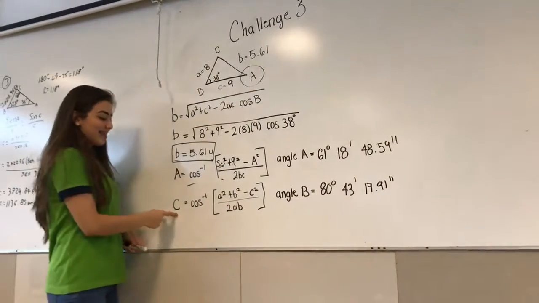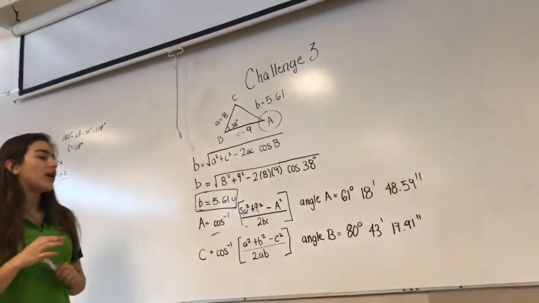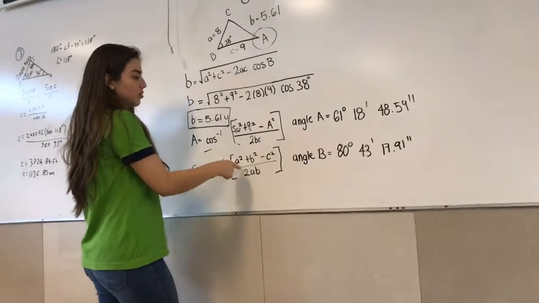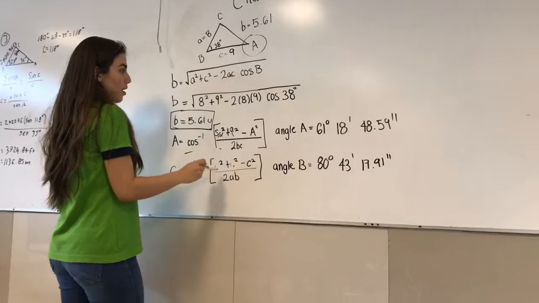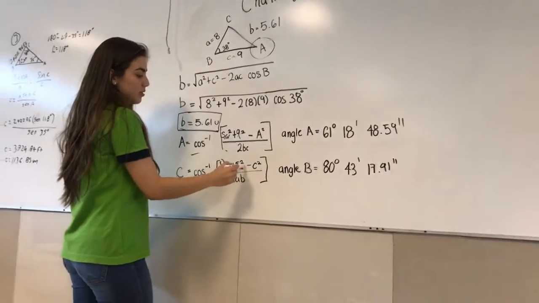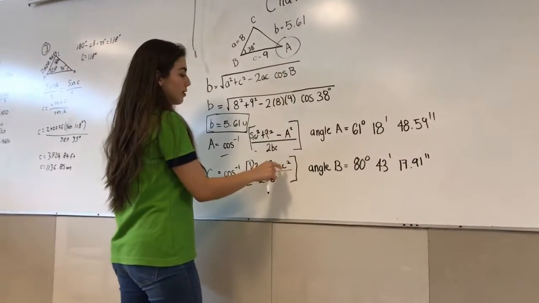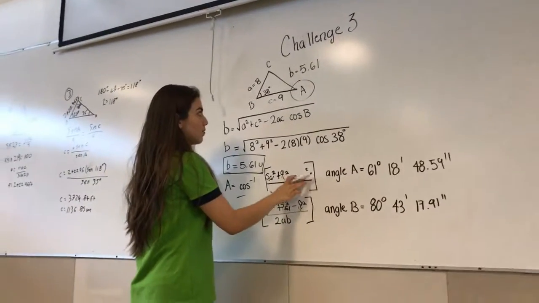Then to get the measure of the angle C, we have to apply the cosine law also. For that we substitute the values again. First we have 8, then we have 5.61, and then minus C that is 9.